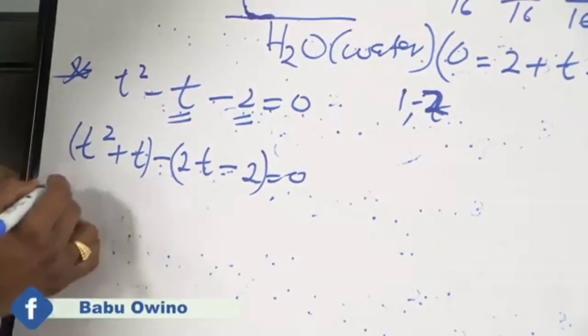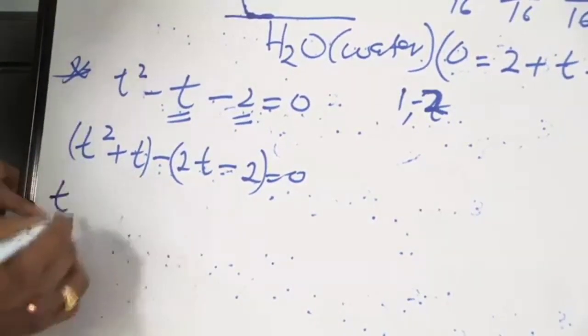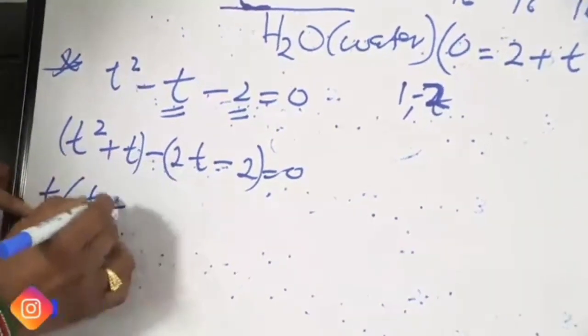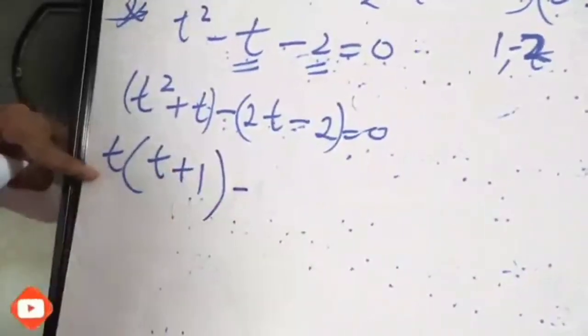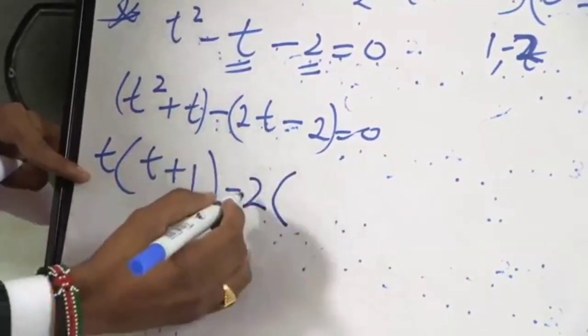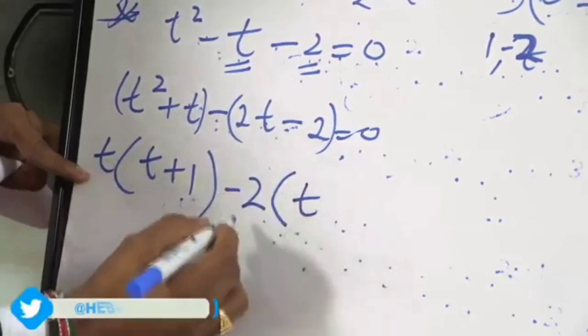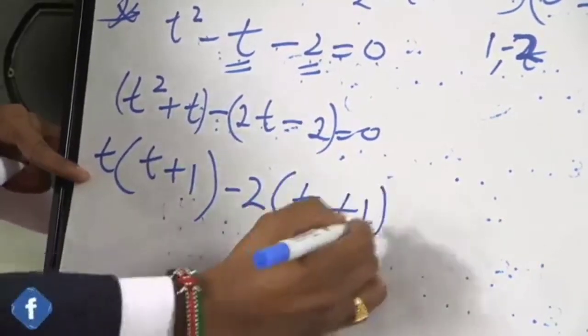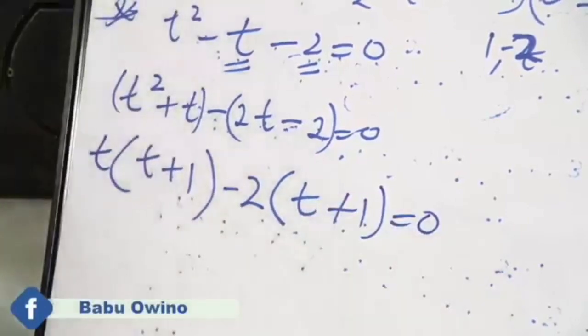We factor t out because t is common in the first part. Therefore, t into t squared, you get t. T into t, you get plus 1. Minus, the common factor here is 2, 2 into 2t is t. Then 2 into minus 2 is minus 1 equals 0.